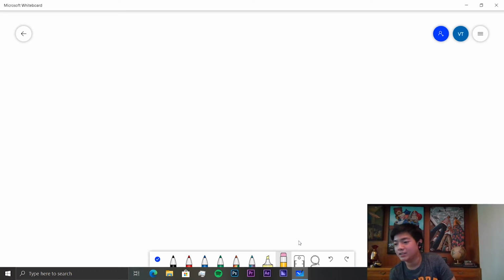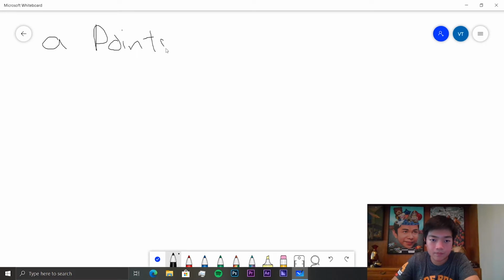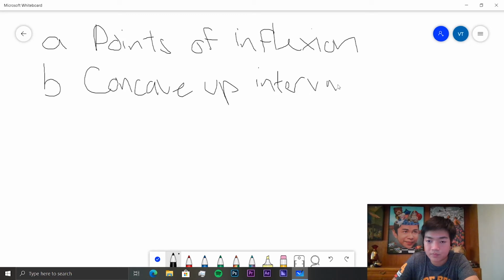I'll do the even ones this time. So for all curves, we need to find points of inflection, intervals where the curve is concave up, and concave down intervals.